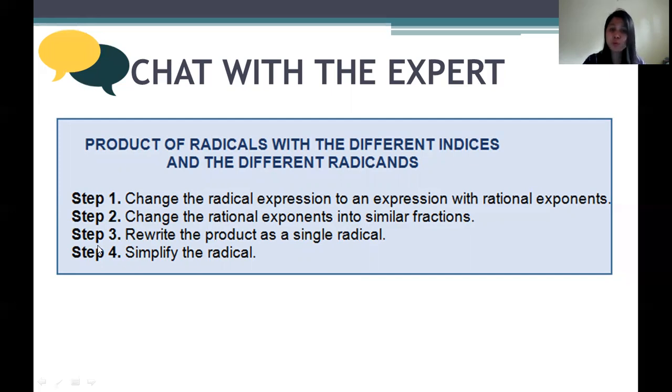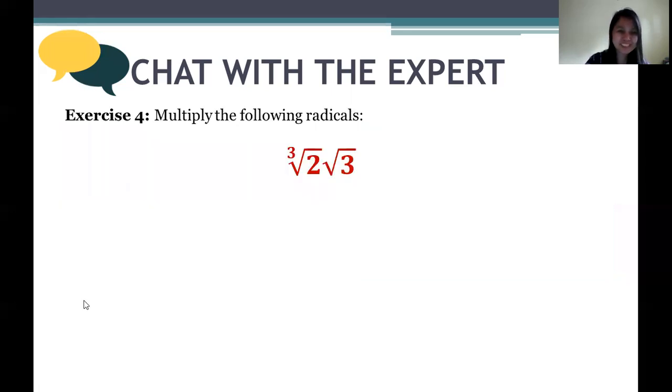And step 4, simplify the radical. Let's start. Ready? The first step is we rewrite it into a rational exponent. So we have 2 to the power of 1/3. How about for 3? 3 to the power of 1/2.